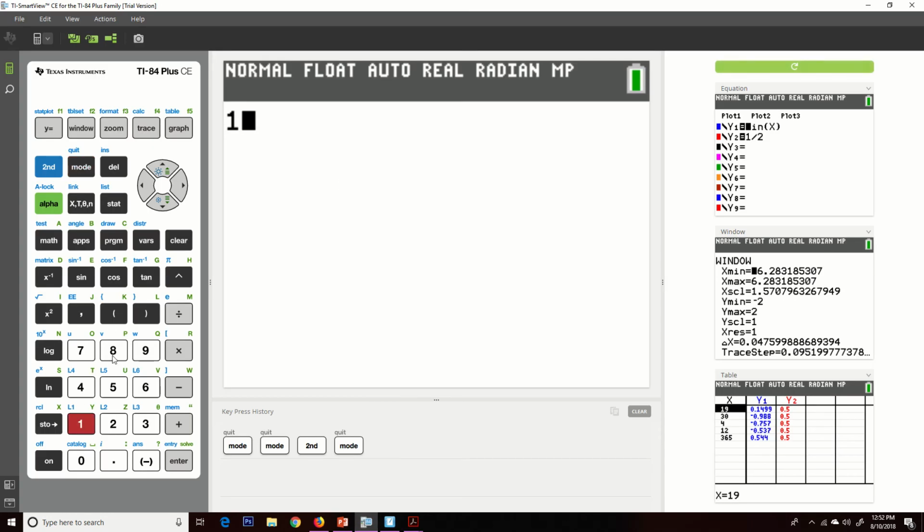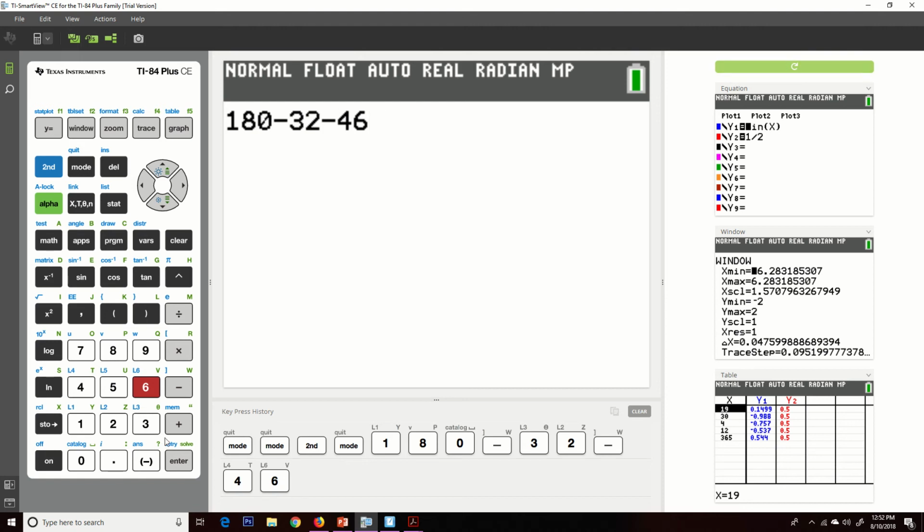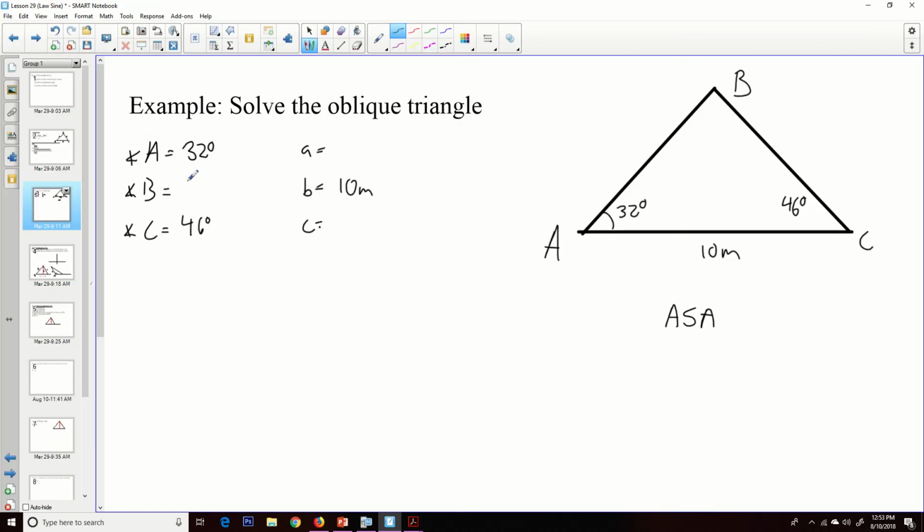So if I go 180 and subtract the 32 for angle A and the 46 for angle C, I will get 102 degrees, and that is the value for angle B, 102 degrees. Now, because I've found that, I have a pair of parts, an angle and the side opposite that.